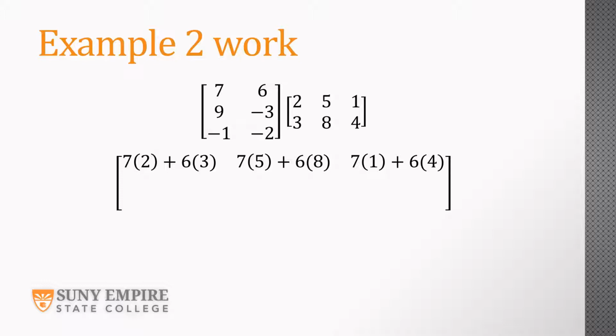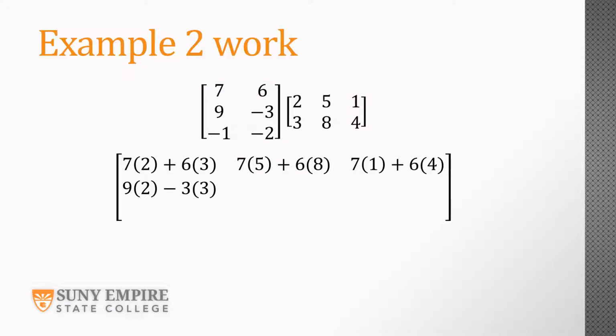We fill the top row rightmost column of the product by multiplying the top row of matrix B by the rightmost column of matrix A. This gives us 7 times 1 plus 6 times 4.